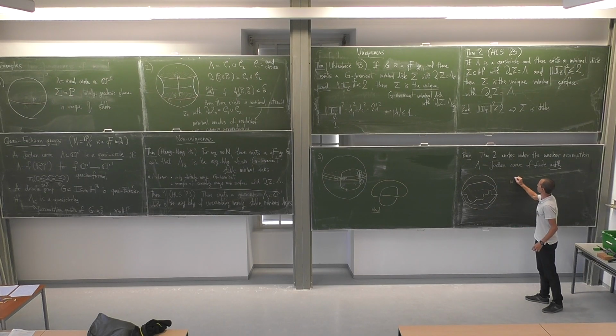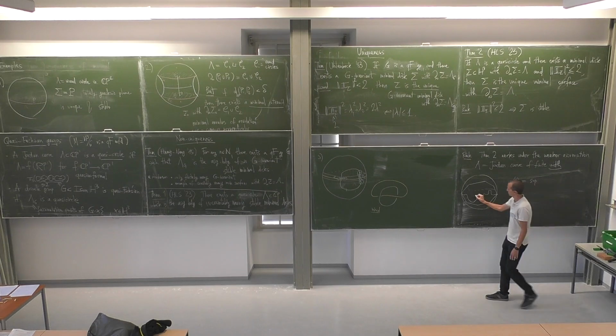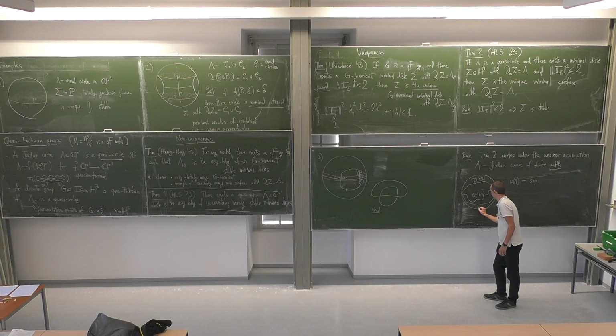So the width of lambda is defined as the supremum. This is the convex hull of lambda. It has two boundary components, the lower boundary component.